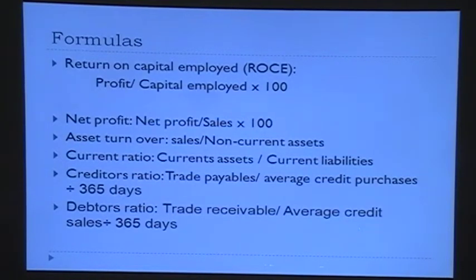The next ratio is the asset turnover ratio, and the formula is sales divided by the non-current asset. As mentioned earlier, the sales figure is taken from the profit and loss account, while the non-current asset is the fixed asset under the first column of the balance sheet.